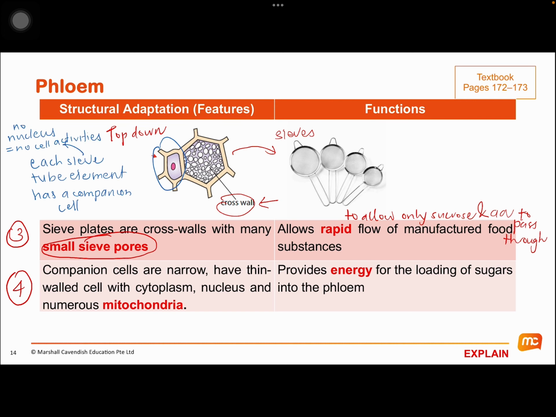But moving and transporting sucrose and amino acid is a very tiring process. So the transport of sucrose and amino acid requires energy.